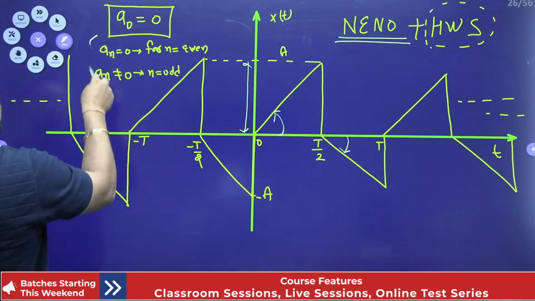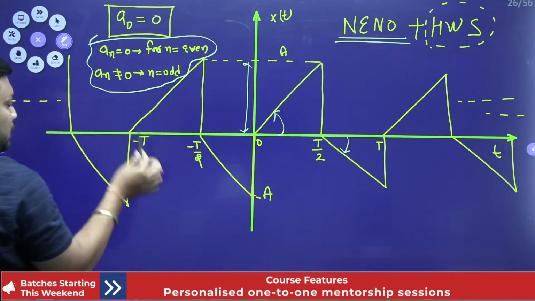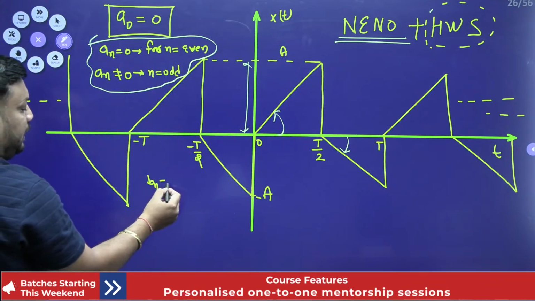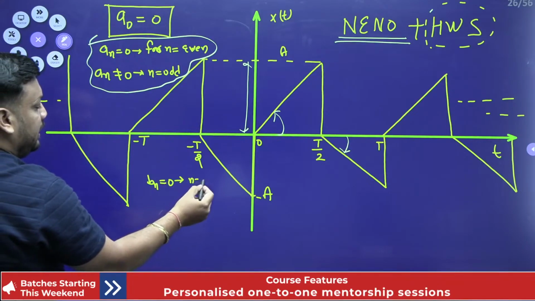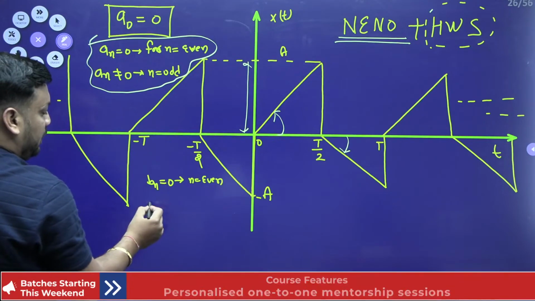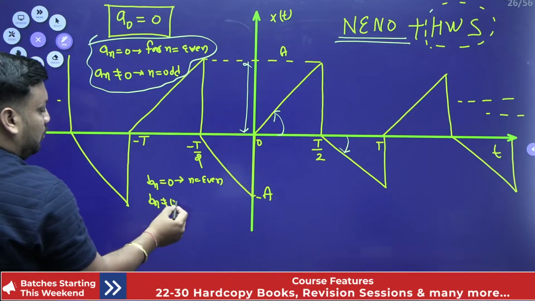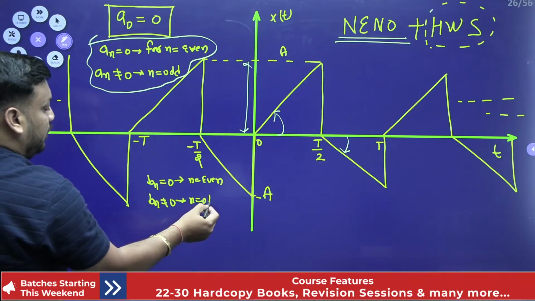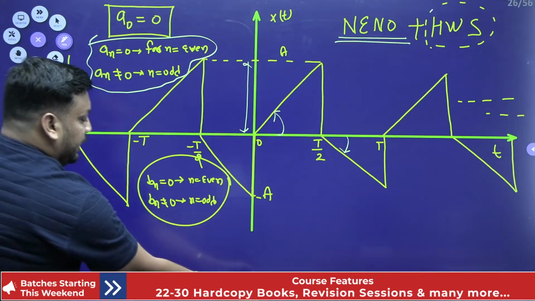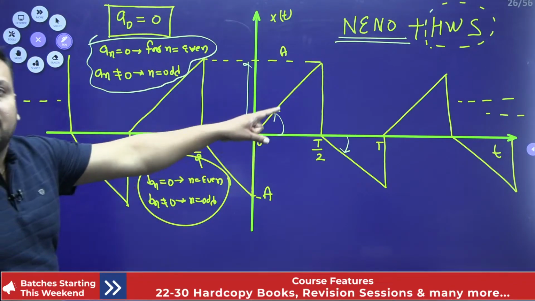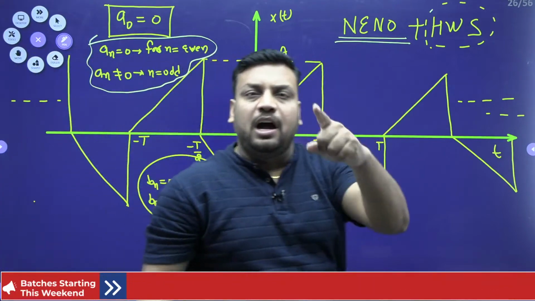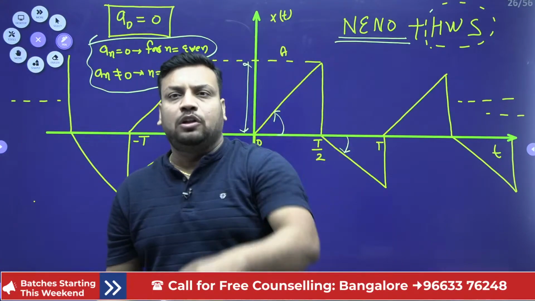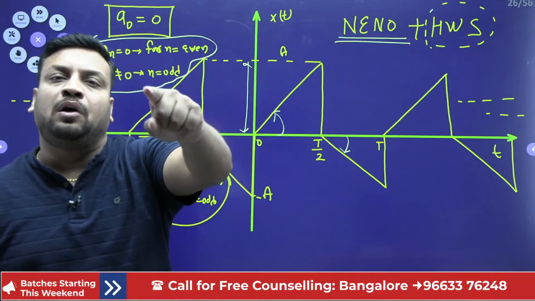Similarly, it will make Bn equal to 0 when n is even, but Bn is not equal to 0 if n is odd. It means its Fourier series will contain odd harmonics of cos and odd harmonics of sine also.